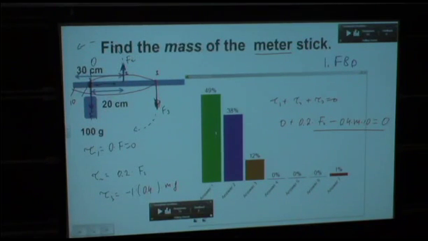We could try writing a different equation, and in this situation, that would have been a force balance equation. Two forces are down, one force is up. So F2 minus 0.1 times 10 minus m times 10 equals 0.